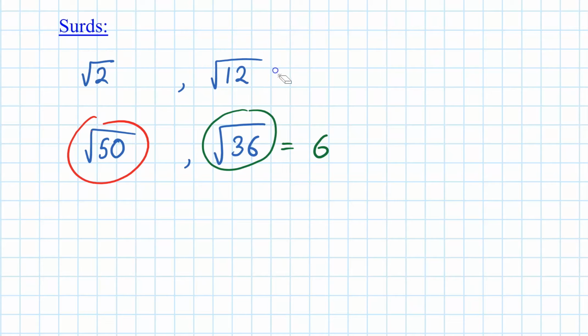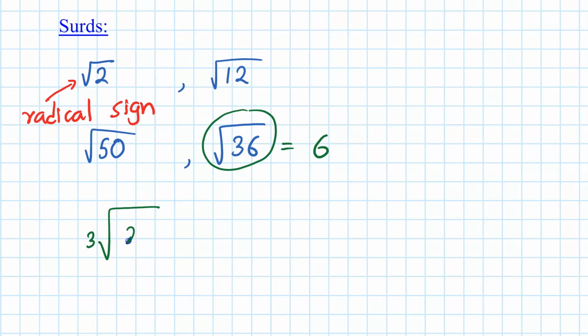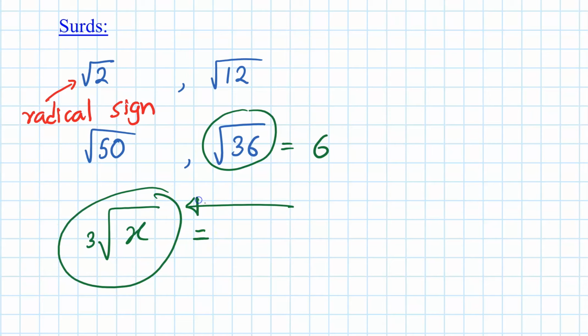Well, you've probably seen this one before, this radical sign. In case I did not get a positive integer as an answer for my square root, or maybe even cube root as we've seen before, in this particular case we call this one a surd if it doesn't deliver a positive integer.